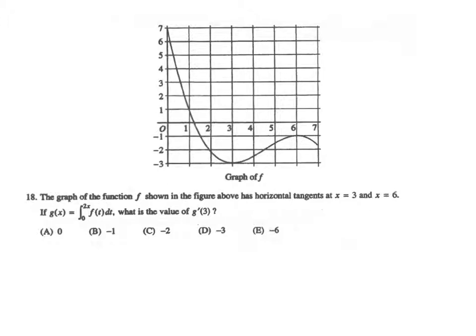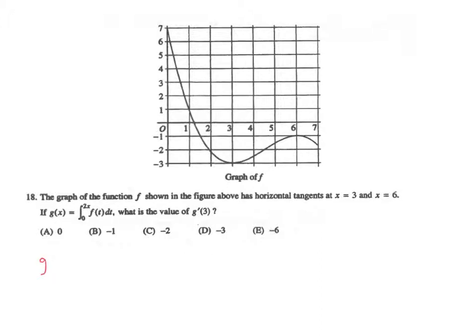All right, let's see. Well, we've got to find g prime of 3, and we're given f here. Let's take the derivative here. Oh, yes, this is a good old fundamental theorem of calculus problem using the Rawlinson method of solving this thing.